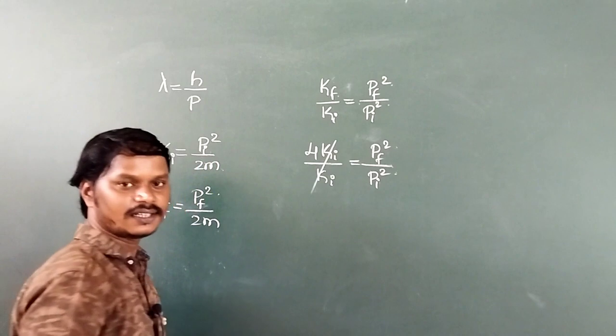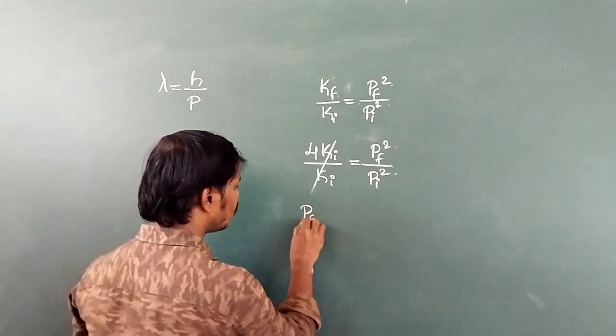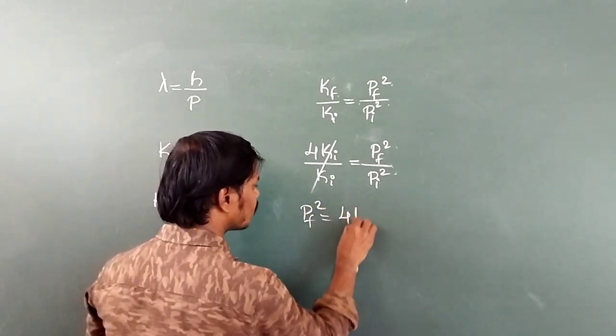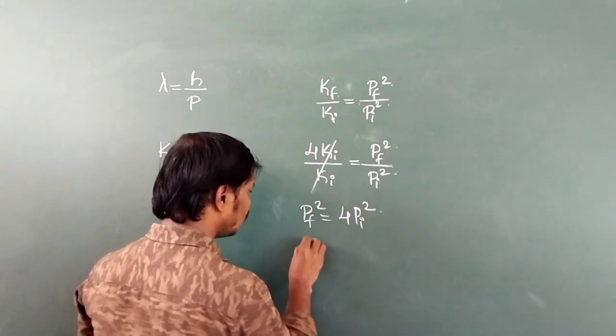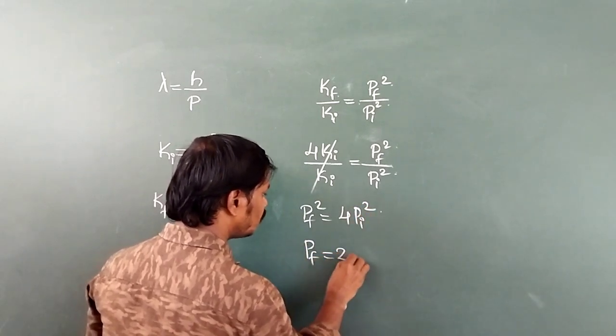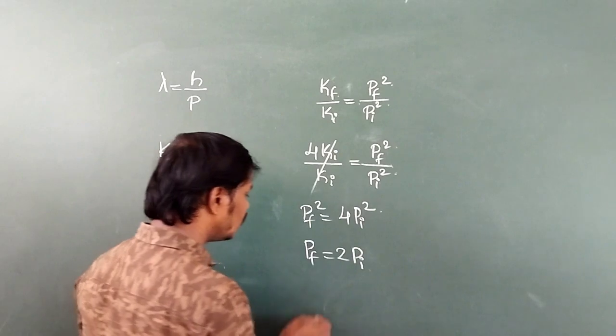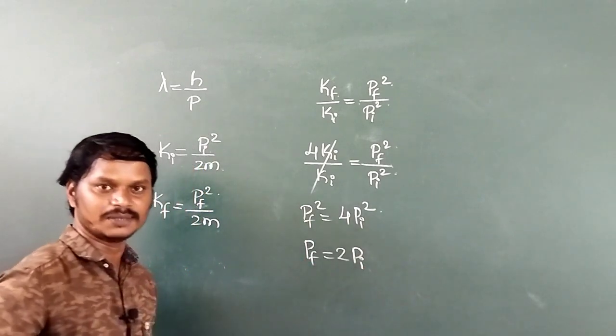Now ki gets cancelled, then pf square is equal to 4 pi square. Then pf is equal to 2 pi.